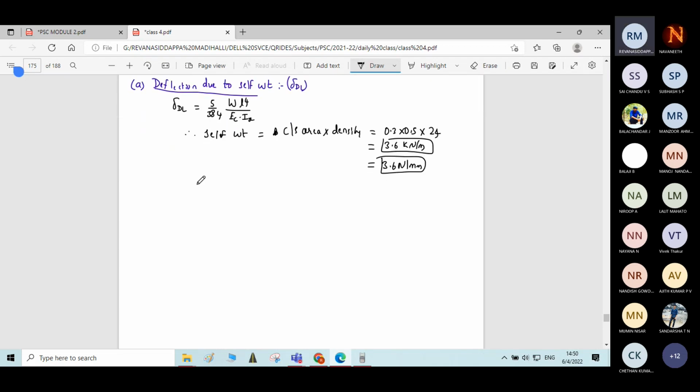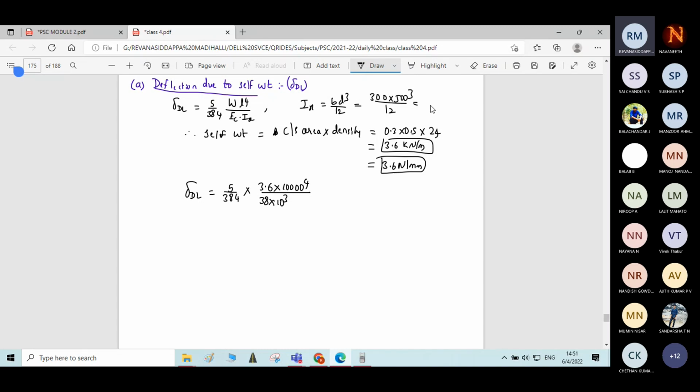Now, deflection due to dead load you can calculate, that is 5 by 384 into 3.6 into length of the beam. Length of the beam is 10,000 mm, raised to 4, divided by EC into IX. EC is given as 38 into 10 power 3. IX we can find: IX is equal to BD cube by 12. So B is 300, D is 500 cube by 12.